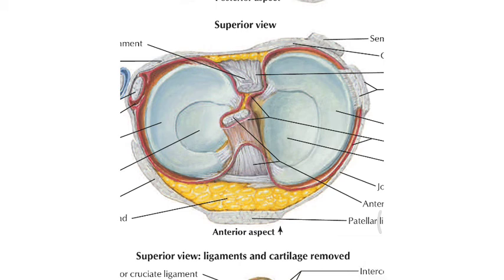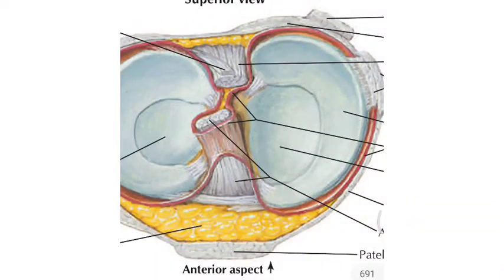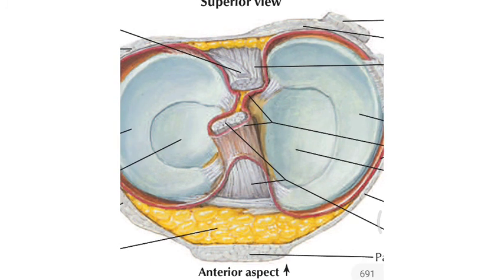So simply put, the synovial membrane lines the side of both cruciate ligaments and the front of the anterior cruciate ligament. Now, because of this particular arrangement, here one cavity-like structure will be there, here the infrapatellar fold will be there.